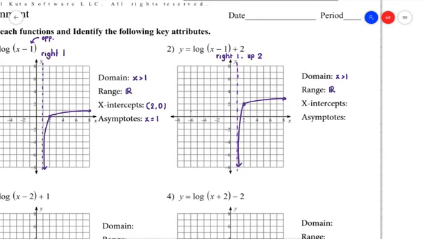X-intercept. Now in order to find where that x-intercept is occurring, we know we have 0 for y. So we'll solve this equation. We'll move the 2 over. Whenever I don't see the base, I know the base is 10. I'm going to rewrite it with the log on the left.